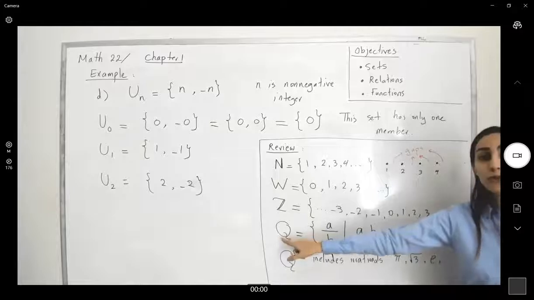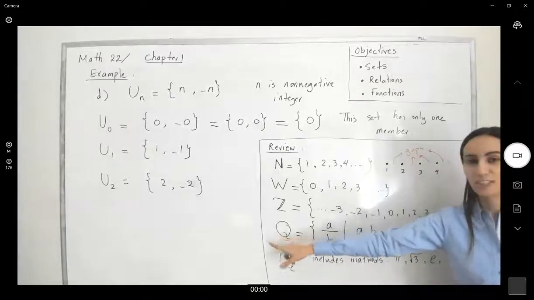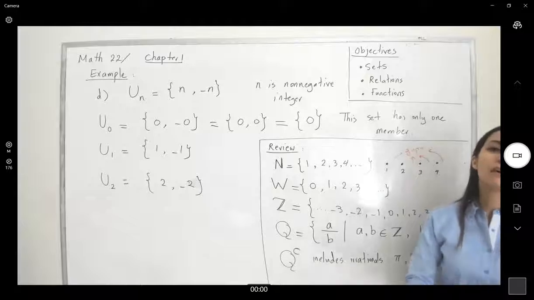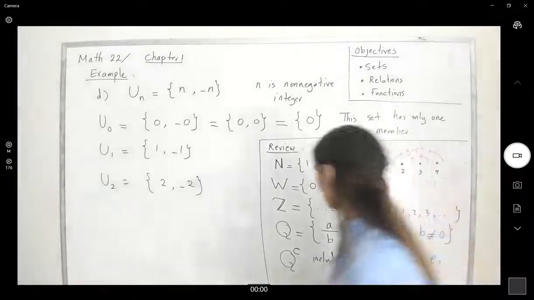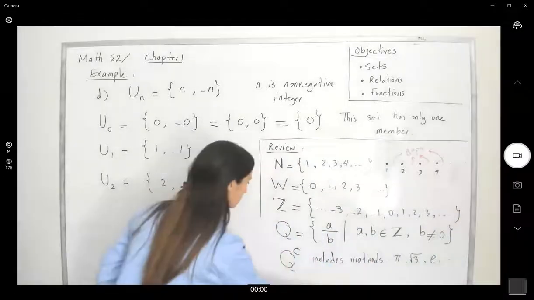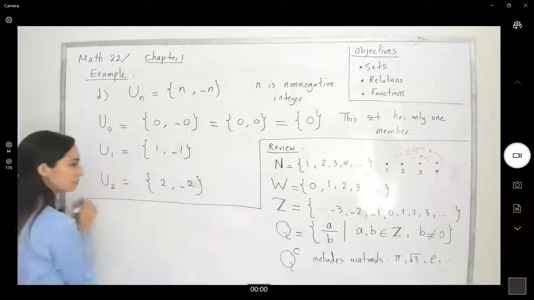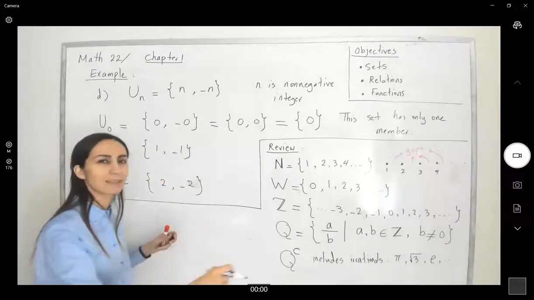If you take the union of rationals and irrationals, you define the real line. That's how we fill the gap. That's how we define the real line.